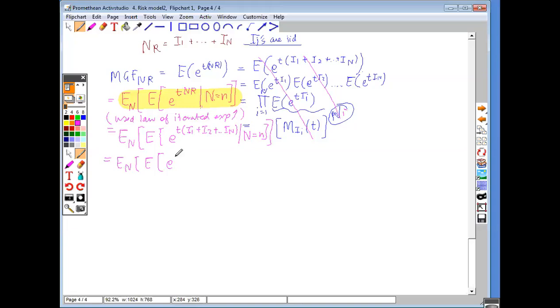So I'll have expectation of e raised to ti1 times expectation of e raised to ti2 and so on till expectation of e raised to ti small n. Does this make sense to everyone?